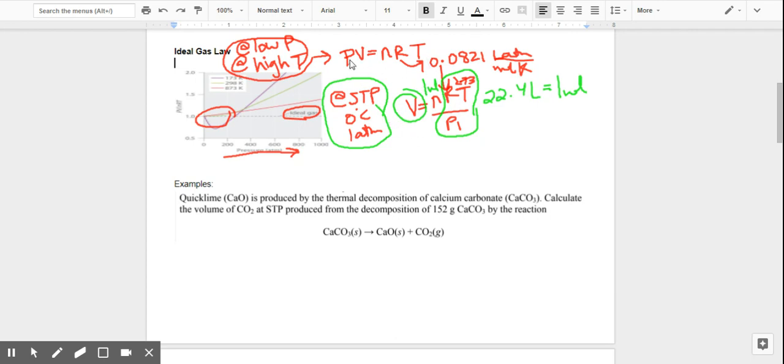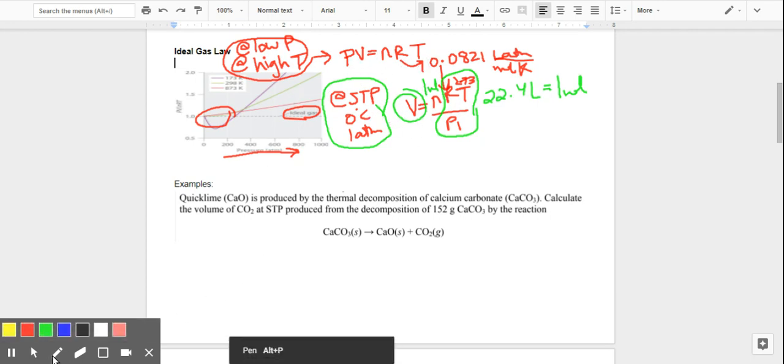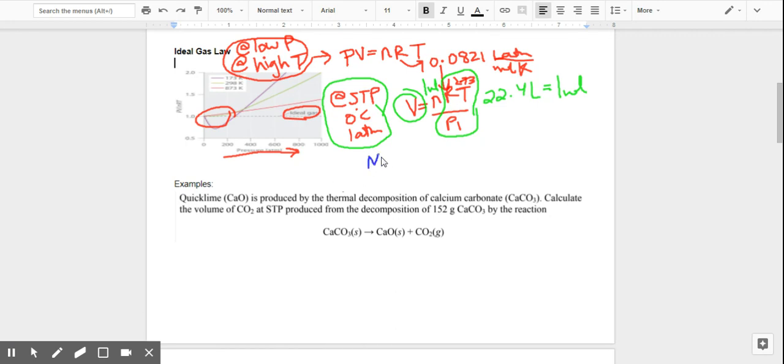Another thing that we can do with PV=nRT is derive the molar mass formula. And so this is the molar mass kitty cat equation. And if you remember, we dealt with this in stoichiometry as well. So hopefully some of this is just a bit of a review for you. The molar mass equation is all derived from PV=nRT.